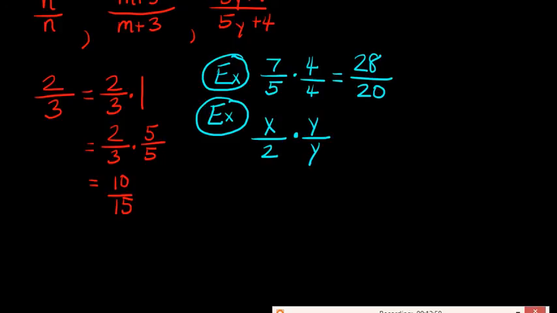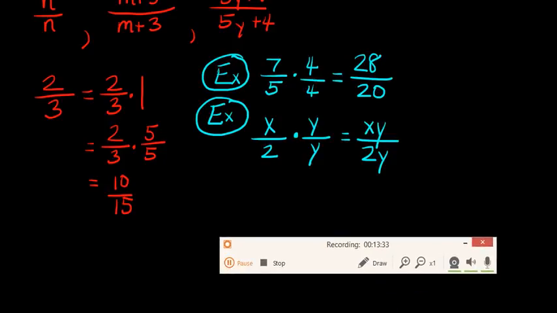That turns into x times y divided by 2 times y. This is an equivalent expression because I used the identity property of multiplication and only multiplied by 1, written as y over y, which gave us an equivalent expression.